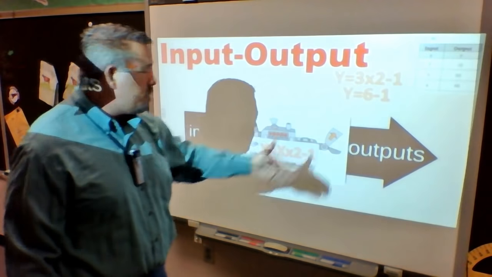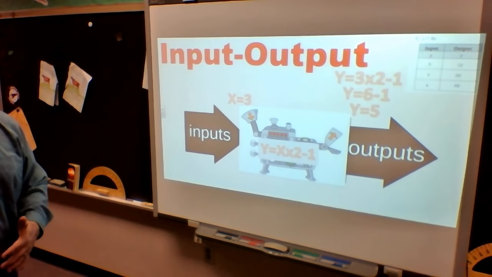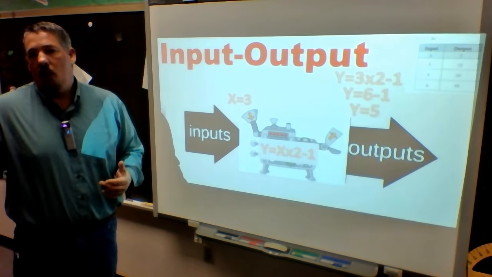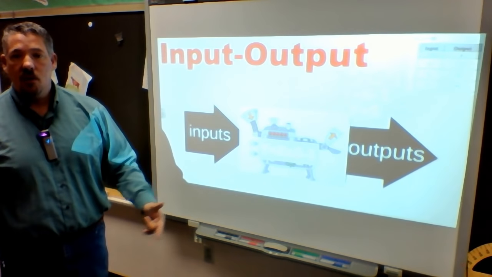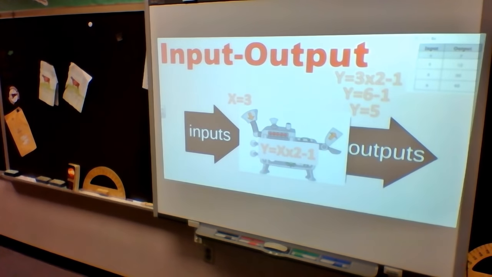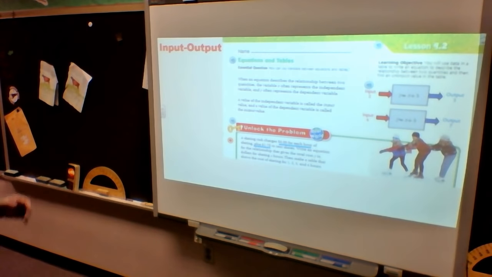And I have 6 minus 1, and therefore my y would have to be equal to 5. Now, you might be saying, well, this isn't in my book. You're right. But you could always pause the video and take some notes in all of the spaces it provides you so that you have it written down and have something to look at. Just a suggestion.